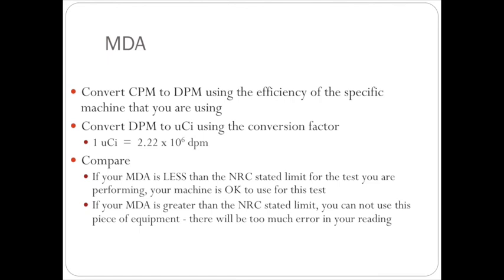We'll talk about this a little more in class, because this is one that sometimes people have a hard time getting their head around. But basically, if your MDA is greater than 0.04 for this particular test, you can't use that piece of equipment. There's just too much error in that reading, and what you're getting is not going to be accurate enough to make a good representation of how much iodine is in your gland.